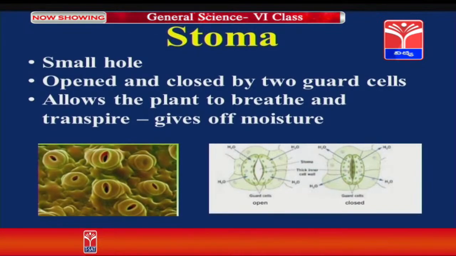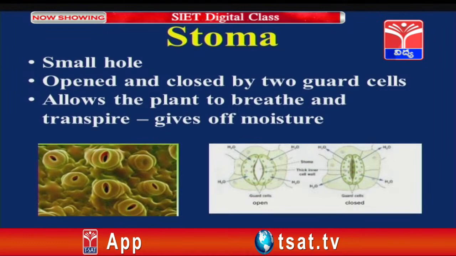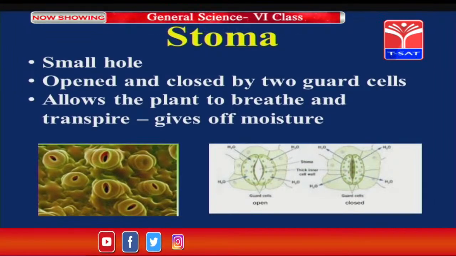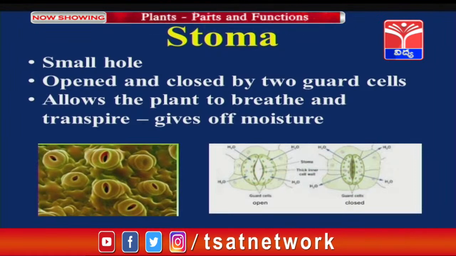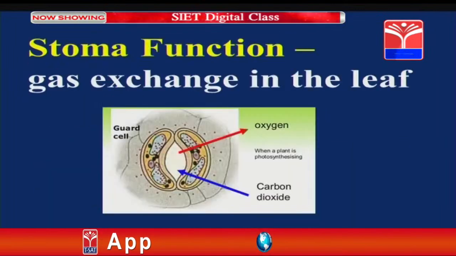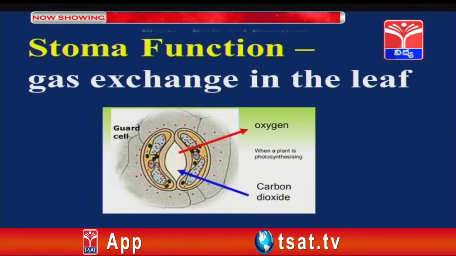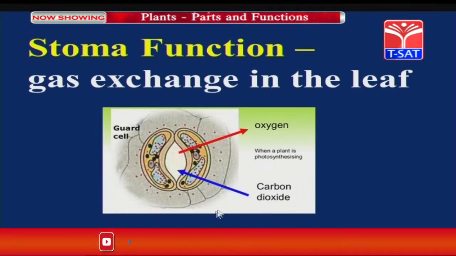Stomata or stoma is nothing but a small hole which is present on the leaf. They are guarded by two kidney-shaped cells called guard cells, which help the plants to breathe and transpire. They help in the process of transpiration and they also help in the process of respiration. The function of stoma is to help in exchange of gases in the leaf. Here it is having two kidney-shaped cells.